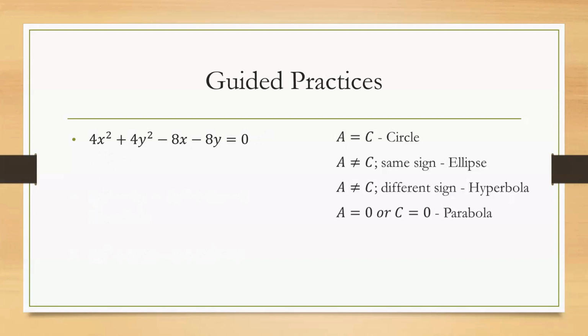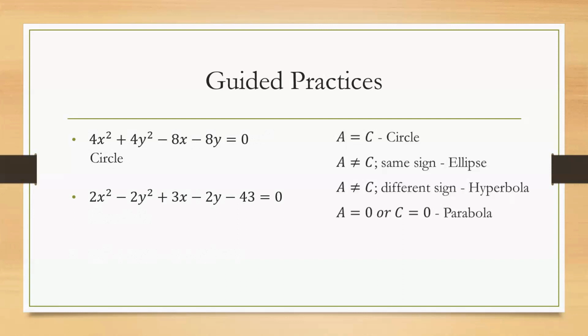So we have positive 4 for both of the x squared and y squared terms. So if A is equal to C, then the equation is a circle. So therefore, this equation is a circle.